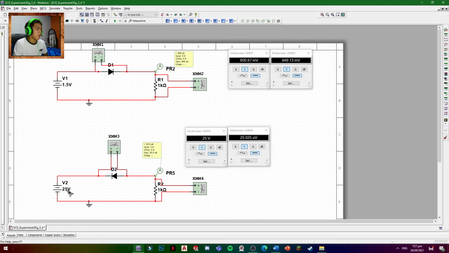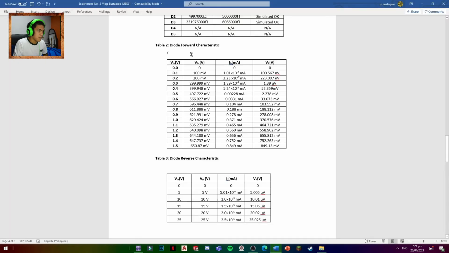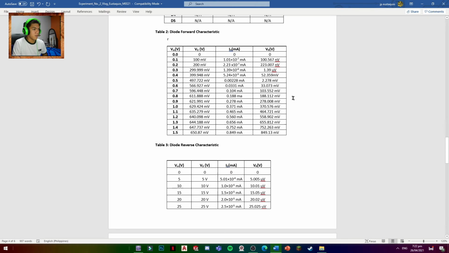In figure 4, it starts with 0 but with 0.5 volt intervals. So these are the values. At 0, we got 0 VD, 0 current, 0 VR. I'm not going to describe it one by one, sir, because it's going to take too long, so I'm just going to show the data that I gathered here.